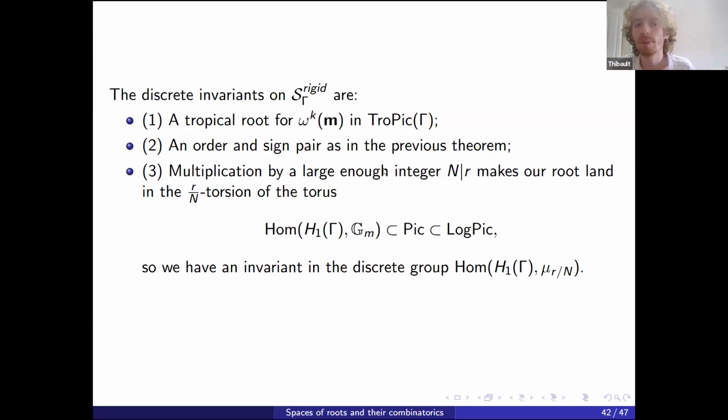Okay, so multiply by a large integer r, you're going to land in this maximal torus. You're in fact going to land in the torsion of this maximal torus, and that's a discrete group. That's morphisms from some lattice to mu r. So this discrete group is actually made of discrete invariants on the space of roots.